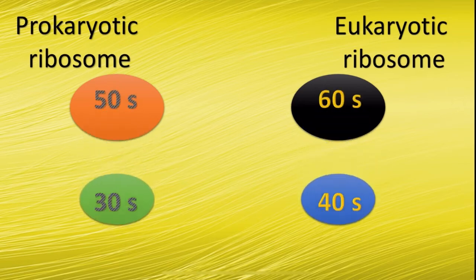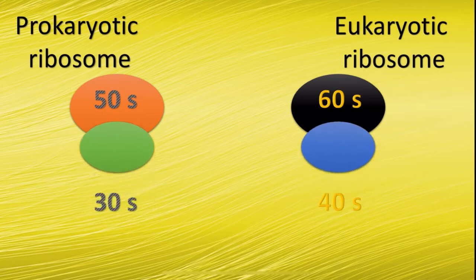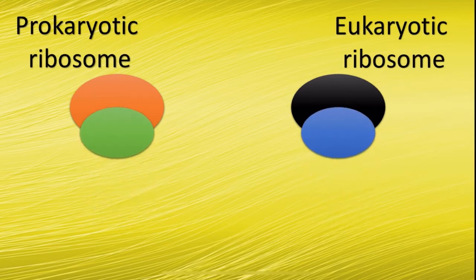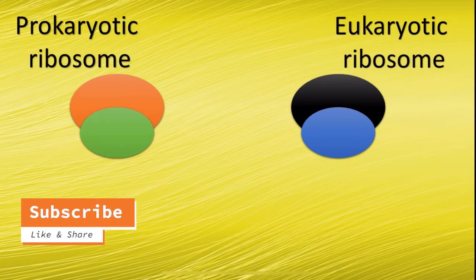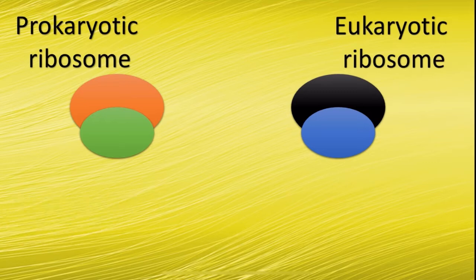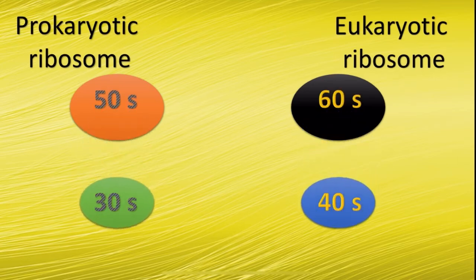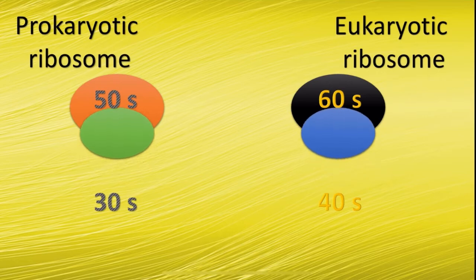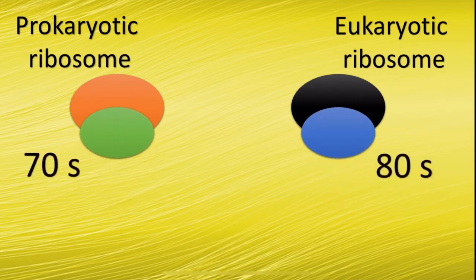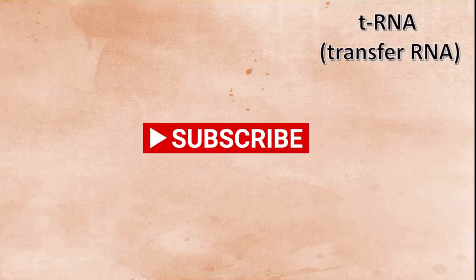In case of the prokaryotic ribosome, it contains two subunits of 50S and 30S, while the eukaryotic ribosome contains 60S and 40S subunits. Combined, these make a complete 70S unit for prokaryotic and 80S unit for eukaryotic cells. So this is how the ribosome is different in prokaryotic and eukaryotic cells.